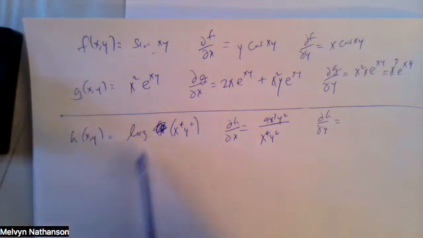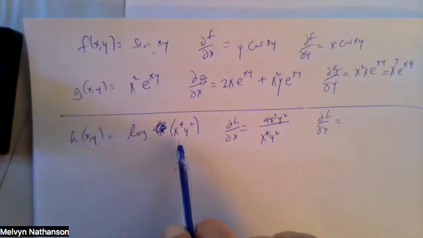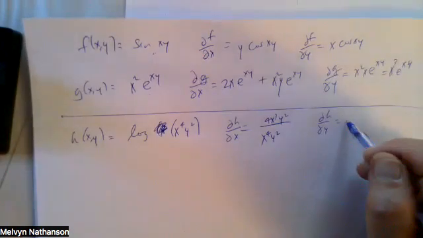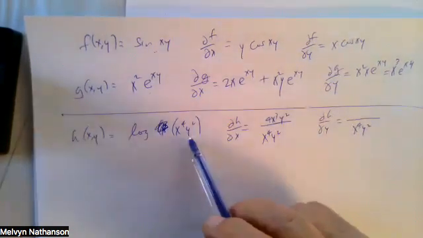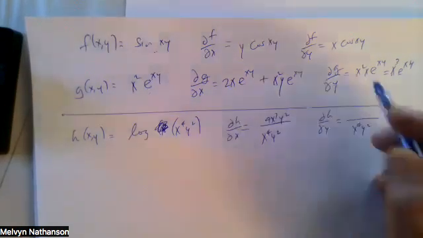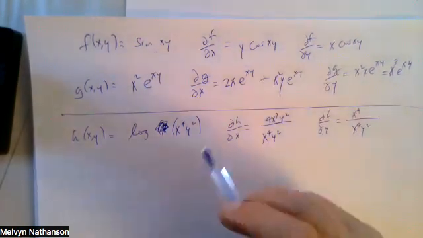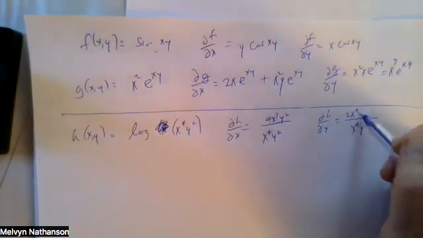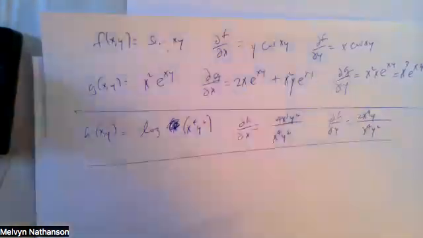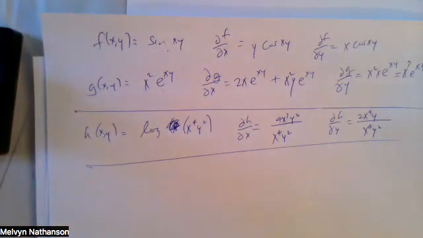That's the partial of this with respect to x. And if you differentiate this with respect to y, you get 1 over x to the fourth y squared, and the derivative of this with respect to y is x to the fourth times the derivative of y squared, which is 2y. So that's what we get.